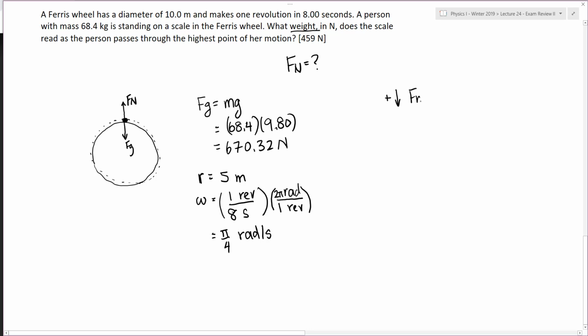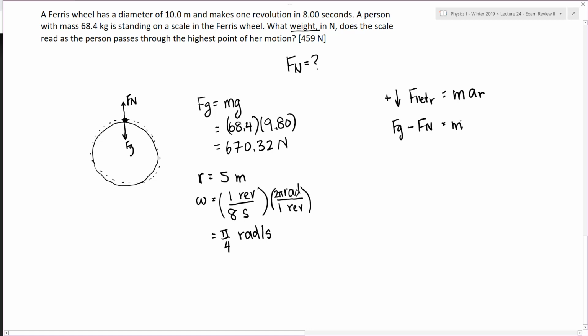So my F net in the radial direction is equal to mass times radial acceleration. My F net in the radial direction then, if down is positive, would be Fg, which is positive, minus the normal force, since it's pointing away from the center of the circle, equals the mass of the person times the acceleration.